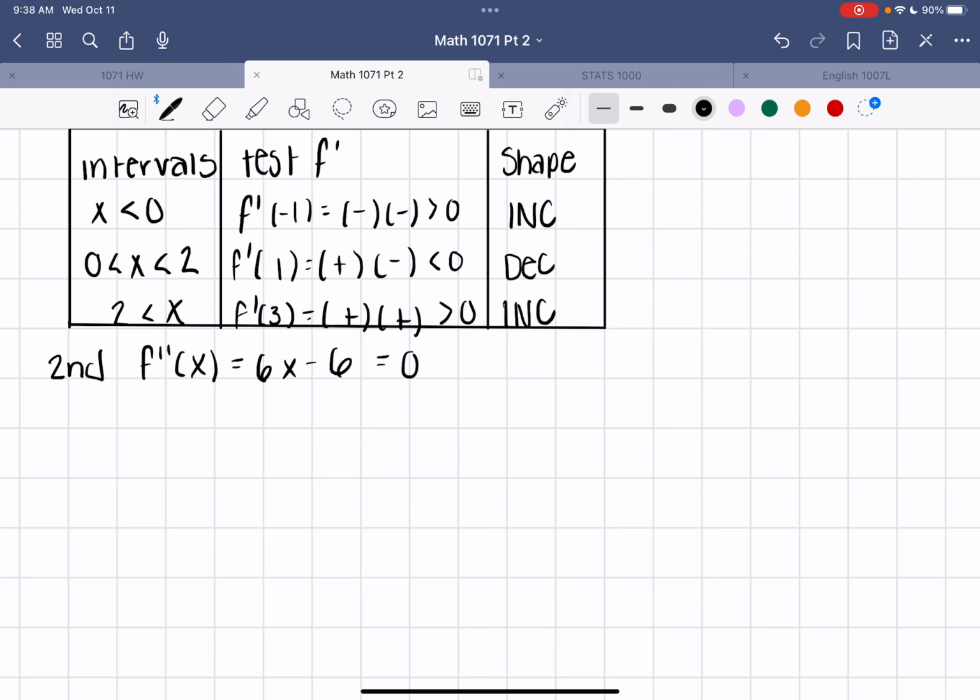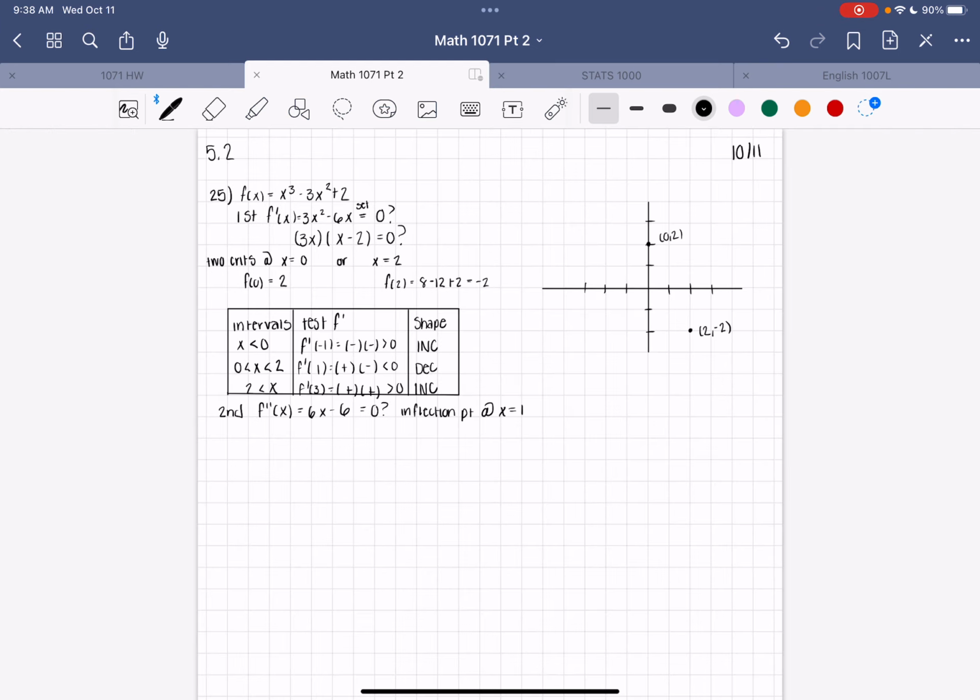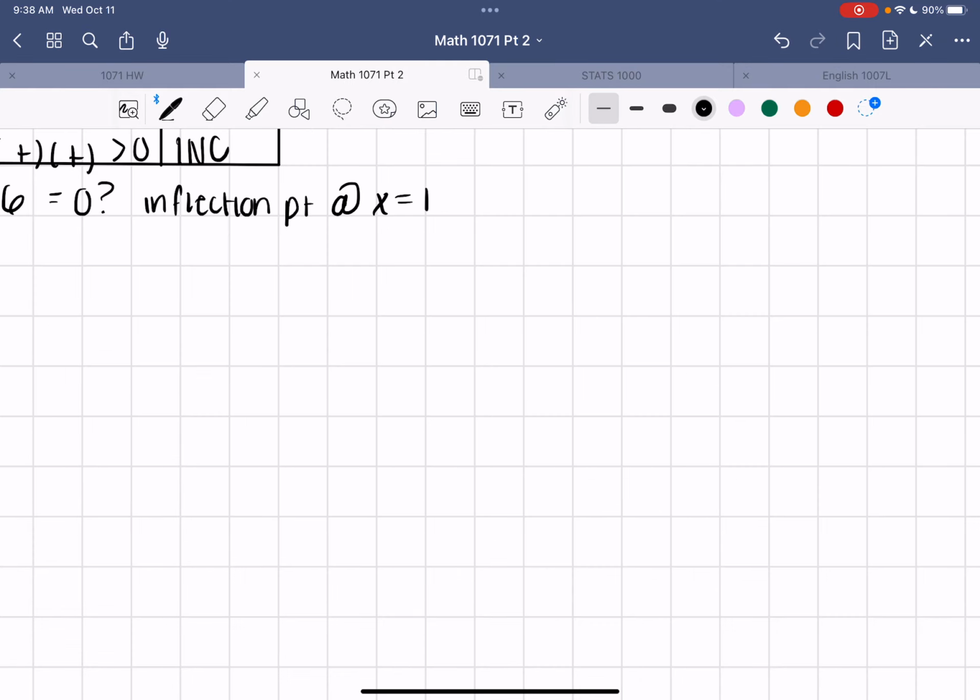So if you have one point, the two intervals are, so I should also graph that. Let's also graph that. At 1, what's the y coordinate at 1? Go back to the original. That would be 1 minus 3 add 2, is that 0?